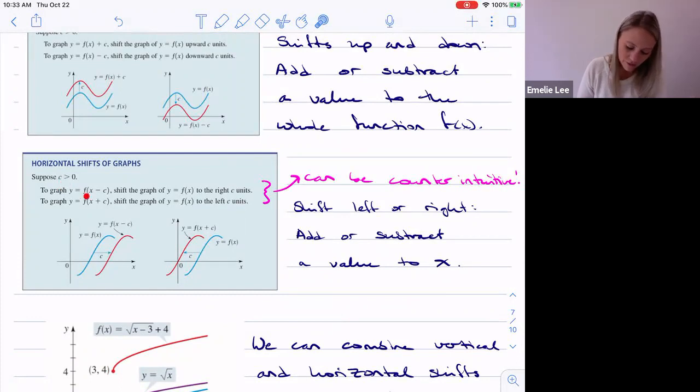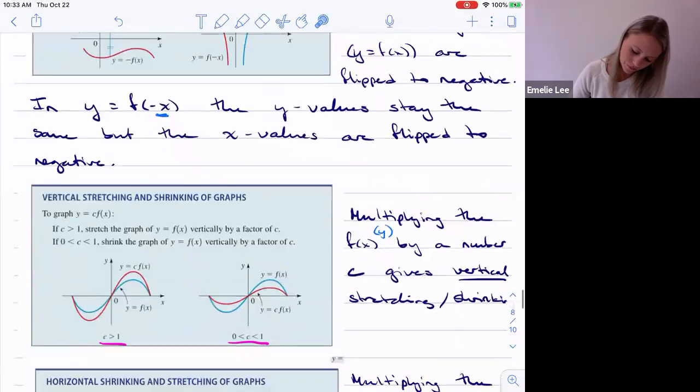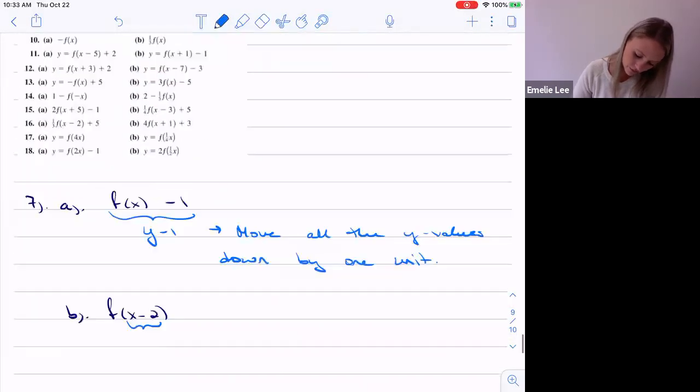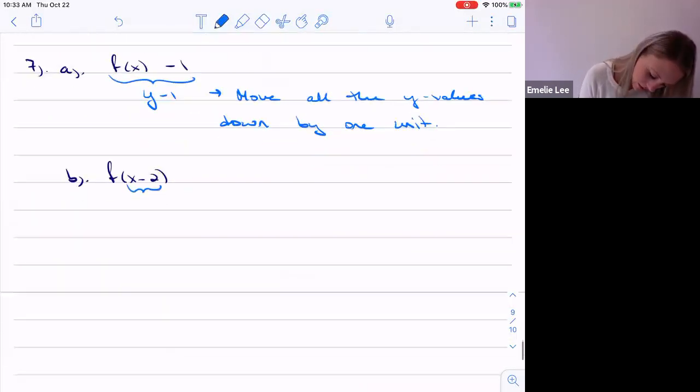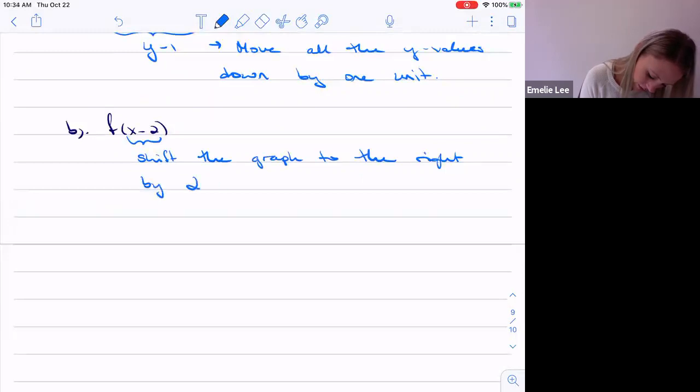So we've got f of x minus 2, and 2 is greater than 0, fine. So what we're going to do is shift the graph to the right by 2 units.